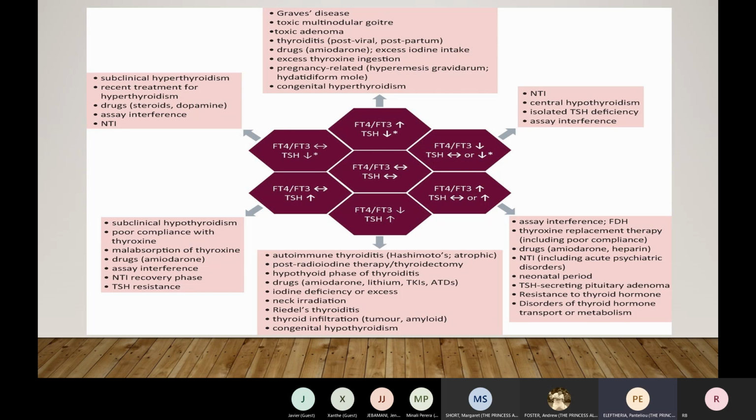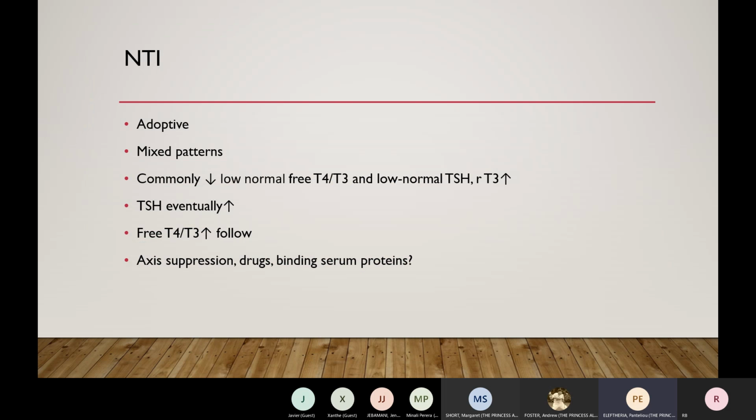And if you see the pink box linked to that hexagon, the differential diagnosis presented here is what we call non-thyroidal illness, central hypothyroidism, isolated TSH deficiency, which again are either both central phenomena or assay interference. So again, you need to evaluate and interpret your TFTs based on the clinical history. She is someone who came in acutely unwell, and she's otherwise euthyroid. So the main consideration would be towards non-thyroidal illness.